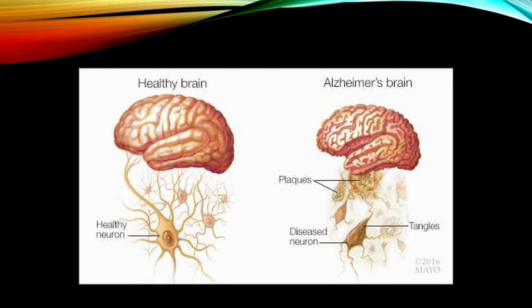But in the Alzheimer's brain, you see how it's shrunk, you have more space around the brain itself, and then you have plaques that form outside the neurons, and you have your diseased neurons. See how healthy this is? You can actually tell where the nucleus is. This one is diseased, and then you have the tangles inside the cell, and you can't even tell where the neuron of the cell itself is.